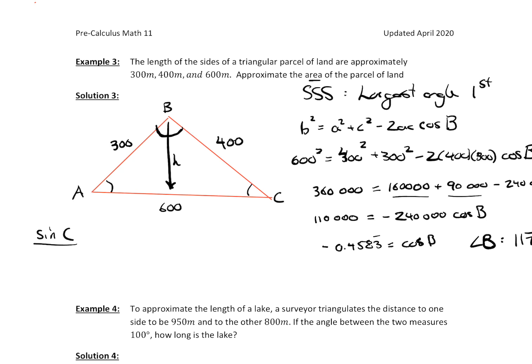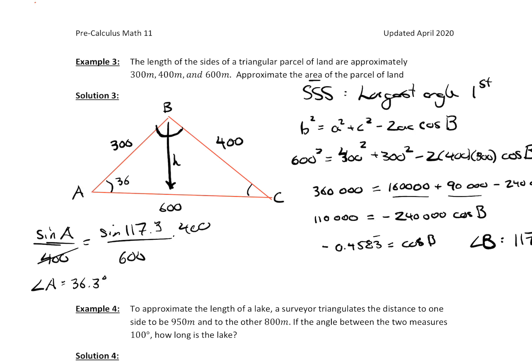No, you know what, let's solve for A. Sine A over 400 is equal to sine of 117.3 over 600. Multiply both sides by 400 and use your inverse sine. You get that angle A is equal to 36.3 degrees.